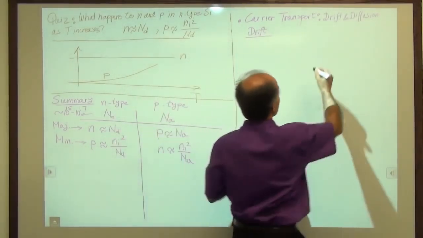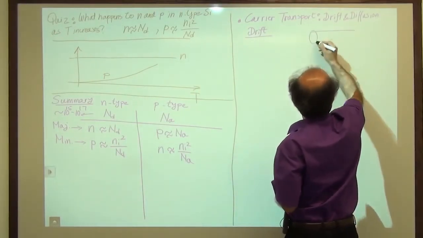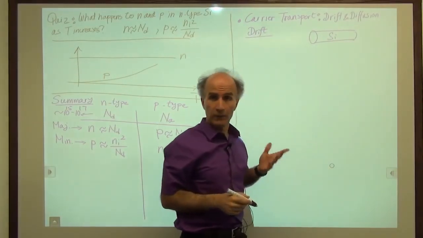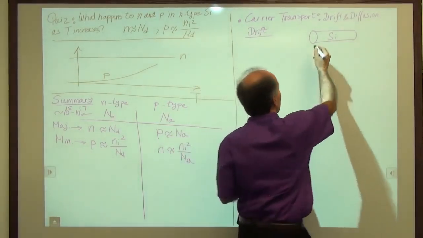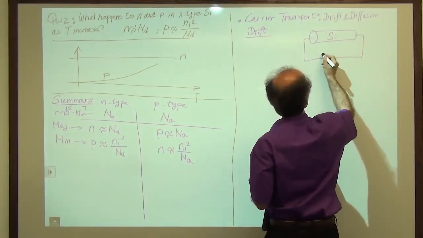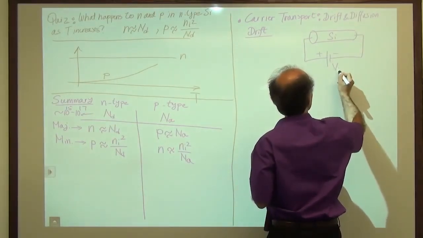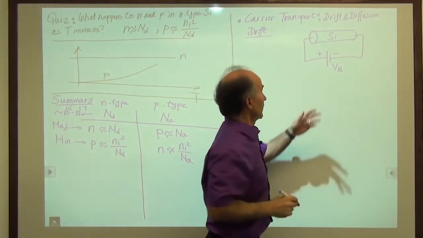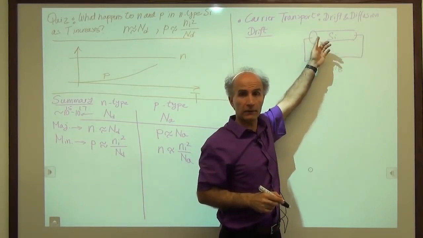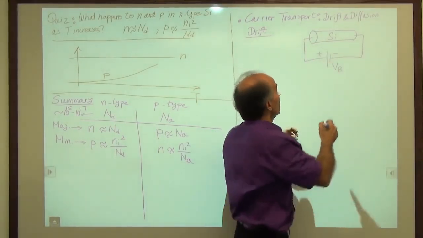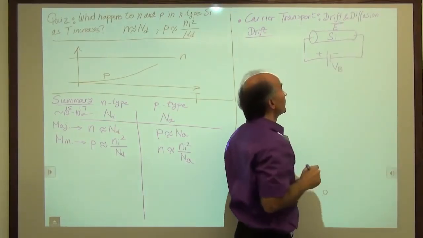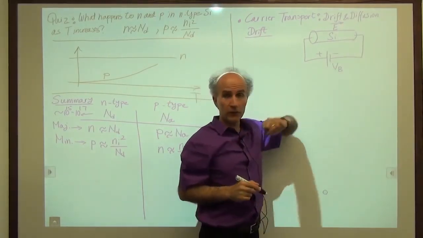So if you take a piece of silicon, here's a piece of silicon, doped or undoped, doesn't matter too much, and we apply a battery to it, call it VB, assuming that this is a uniform crystal, we have created an electric field from here to here, right? So there's an electric field oriented this way because we have applied a voltage.